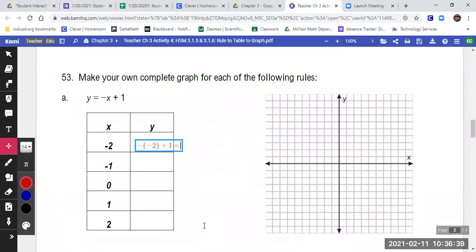What's the opposite of a -2? That's what negative means, opposite of. 2. What's it going to equal?